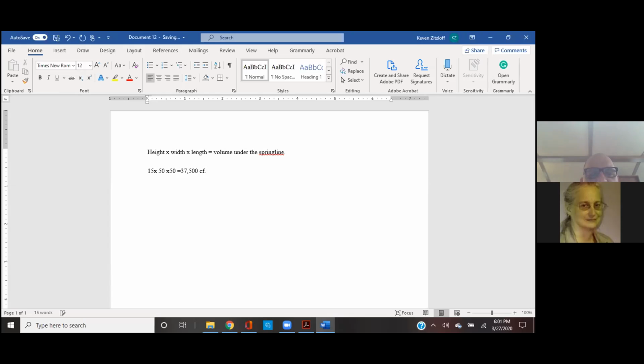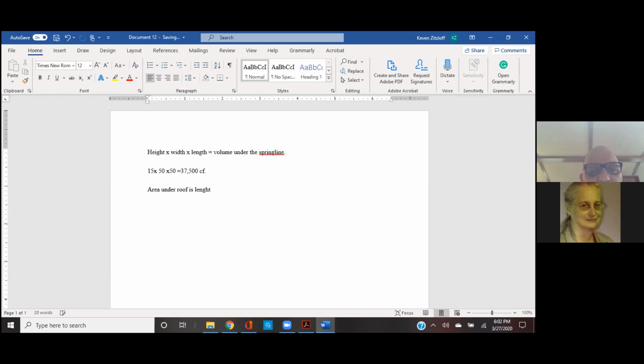Cubic feet. Okay. The area under the roof. So start a new line. And that was the length times the width times 1/2 the height.